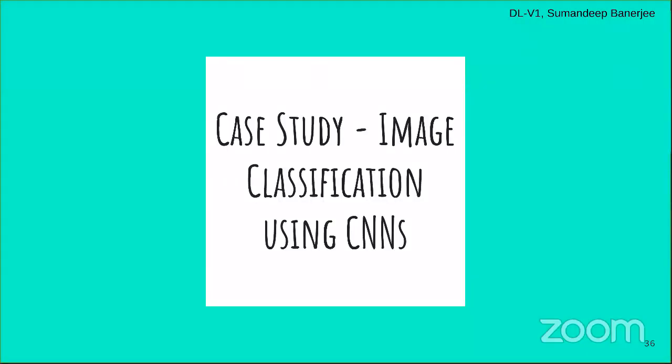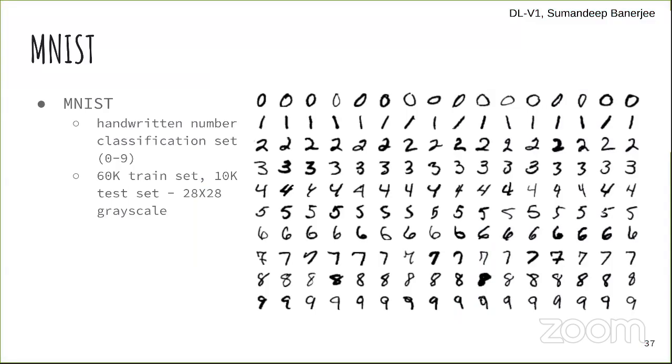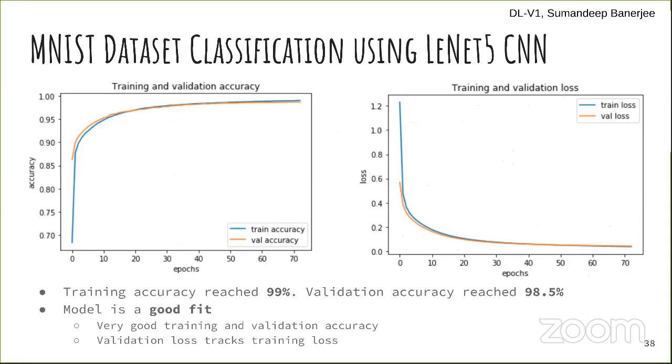All right. So now we are done with the theory of classic networks. And now we'll move on to a use case. So we'll apply the LeNet-5 model to the MNIST problem, which is handwritten digit recognition, which was the original problem for which the LeNet paper was proposed.